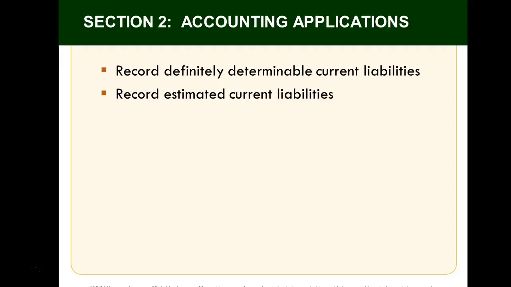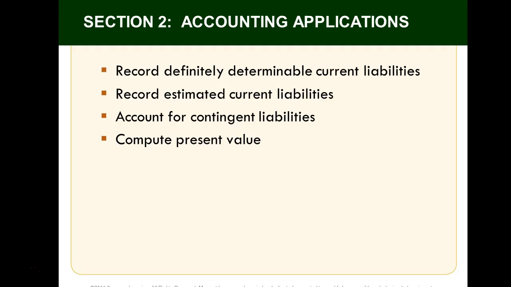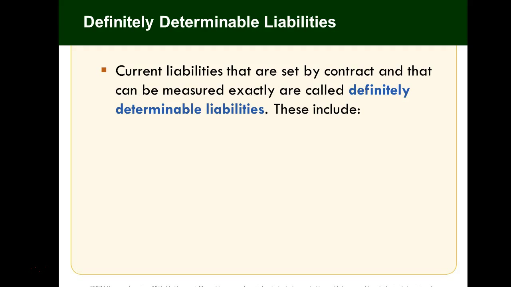They're definite and we can determine them, so we're going to record these. We also need to record estimated current liabilities. We may need to account for certain contingent liabilities. And we're going to look at some present value concepts.